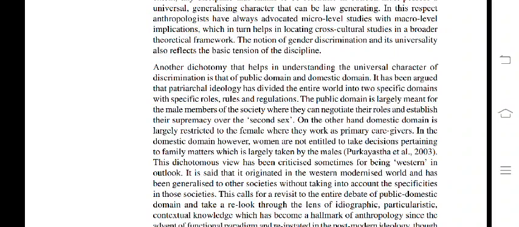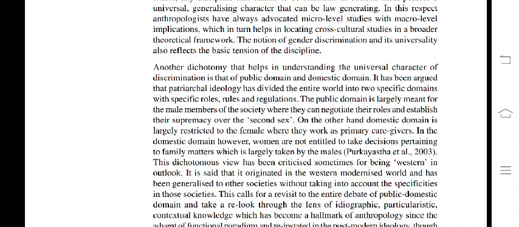This dichotomous view has sometimes been criticized for being Western in outlook. It is said that it originated in the Western modernized world and has been generalized to other societies without taking into account the specificities in those societies.